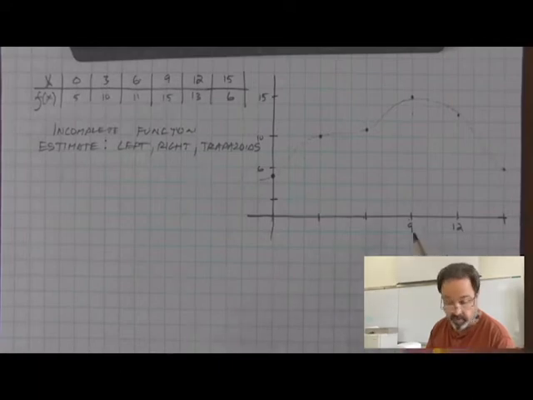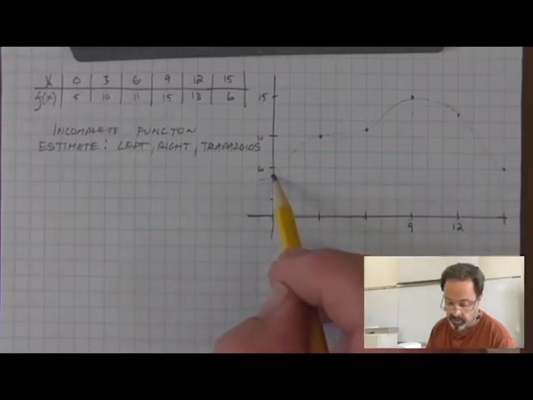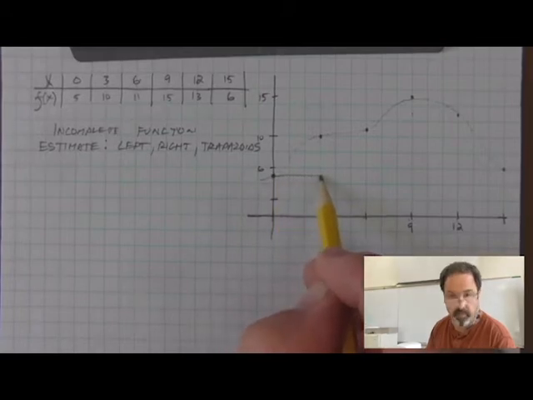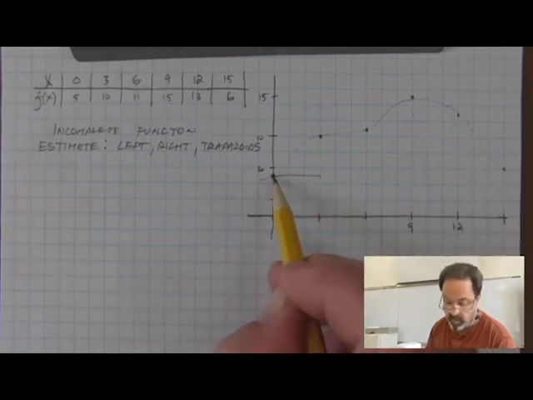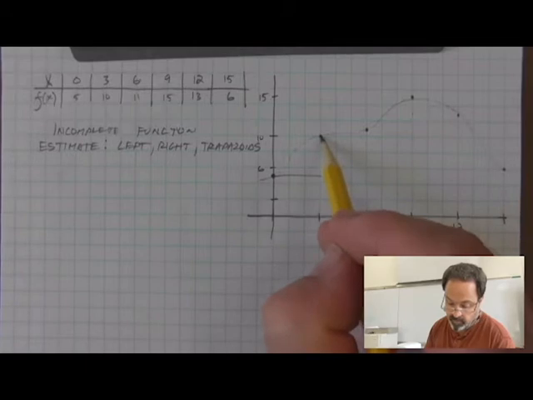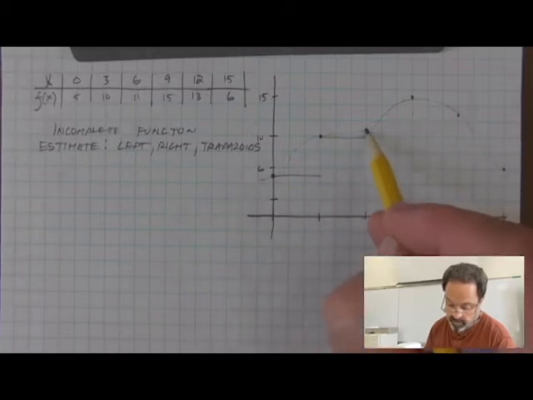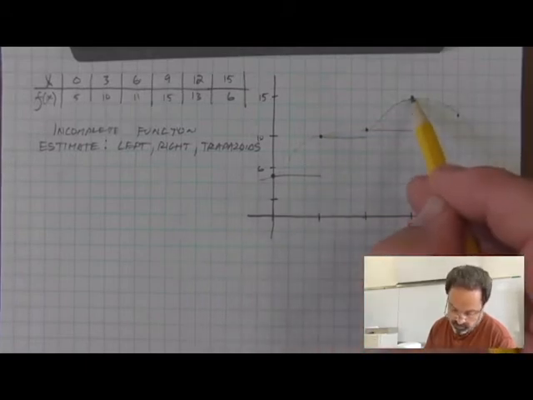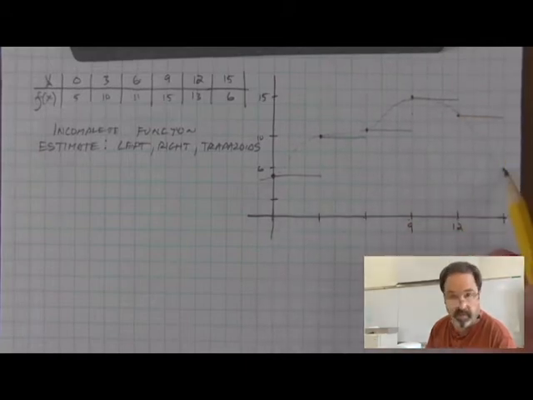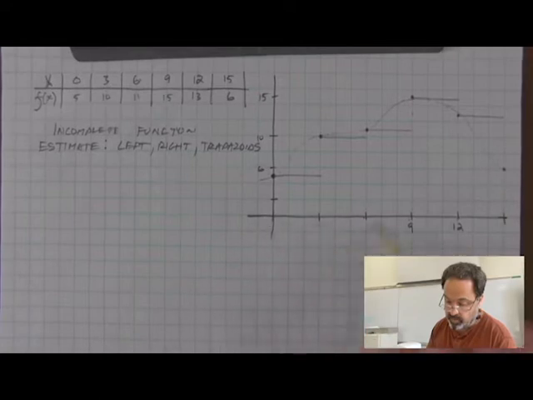We're going to have 5 rectangles, and if they are lefts, it means that the height of the rectangle that I make under the curve is going to be based on the left end of the rectangle, or the left side. If I draw lines to represent the heights at each of these known data points, then I don't use the last one because it would be outside the bounds of my information.